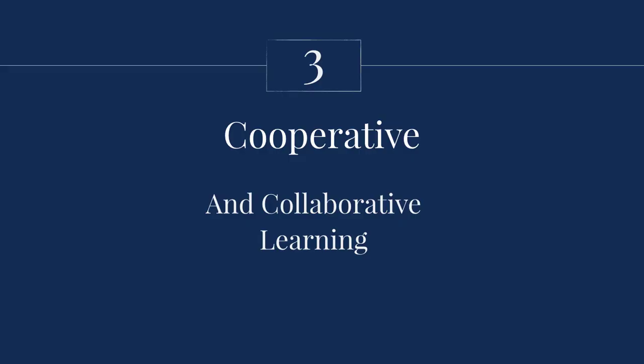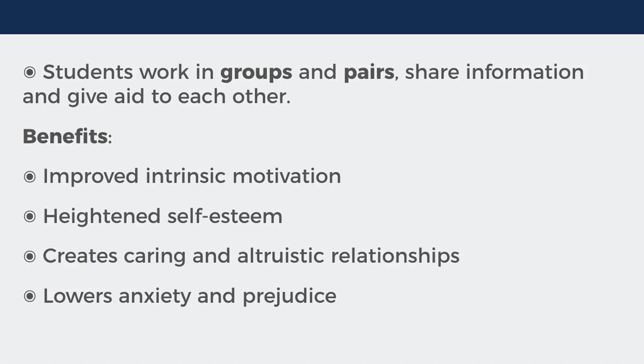Cooperative and collaborative learning. So students work in groups and pairs. They share information and give aid to each other. So the idea is less competition and more collaboration. Benefits are improved intrinsic motivation, so you're helping your friends out, and therefore that gives you some motivation. Heightened self-esteem, you're going to feel good about yourself, feel confident that you can help others.